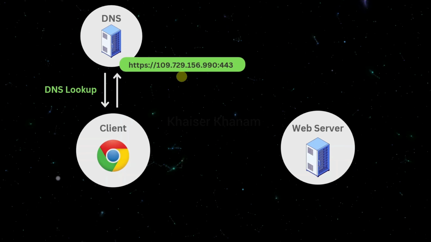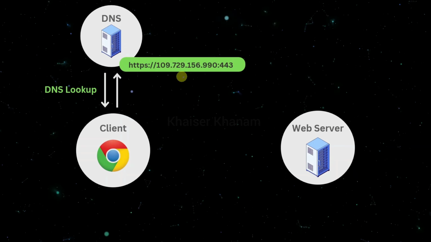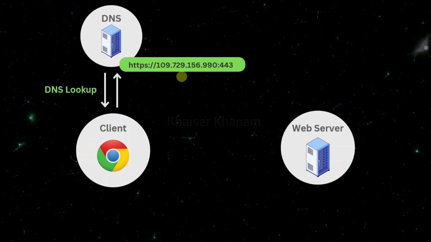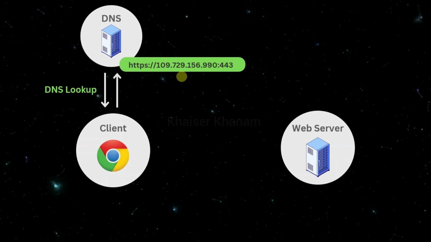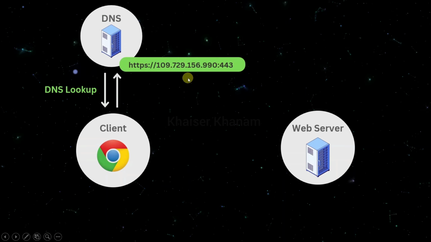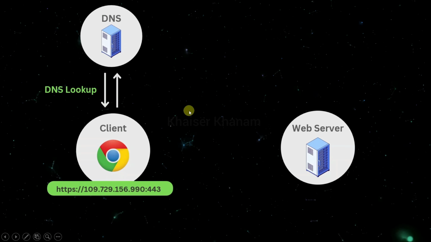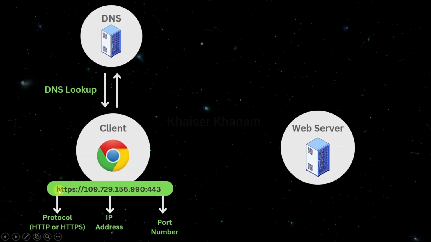And this process will be done by your internet service provider. You don't have to go in detail, but this is how DNS server is going to match web address of the URL to the real IP address of the server. And once the IP address is found, that IP address will be sent back to the client. And this is how real address will be looking like.